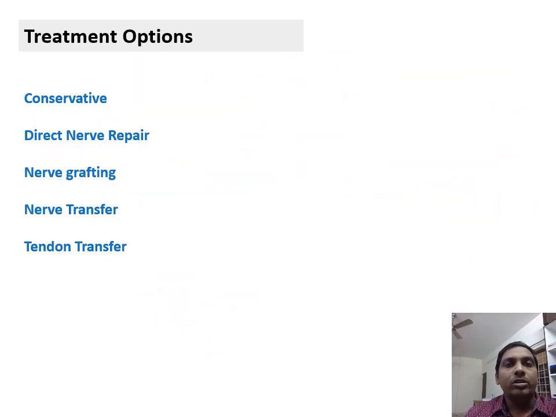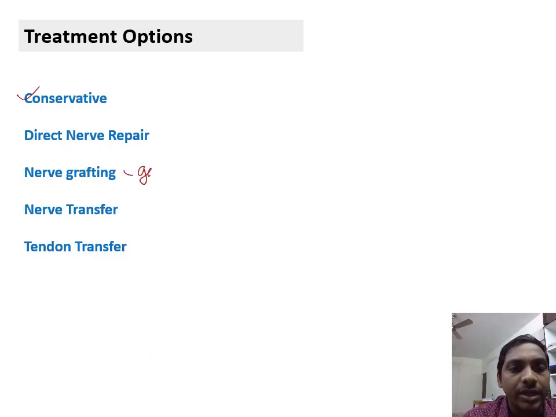Now moving on to treatment options. The conservative option, we already discussed how to manage conservatively: closed injuries will be managed conservatively, checked at frequent intervals and monitored with nerve conduction and electromyographic studies to monitor the progress of recovery. That is the conservative option. Nerve repair, following the principles of nerve repair, is done when the gap is less than 2 cm.